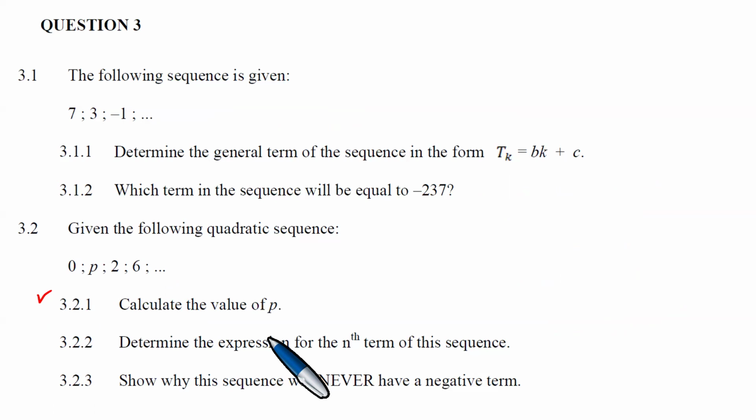Anyone? One. How did you get it? So it can only be 1. The number between 0 and 2 is 1.